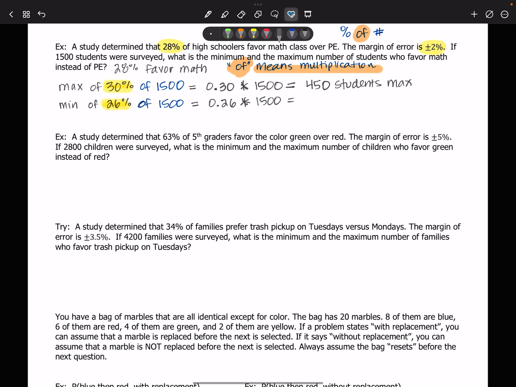Put that in our calculators, and if I calculated correctly, I got 390 students minimum. So the maximum is 450 students, and the minimum is 390 students.